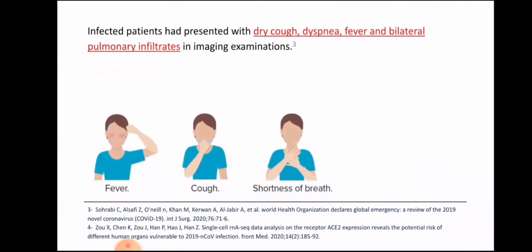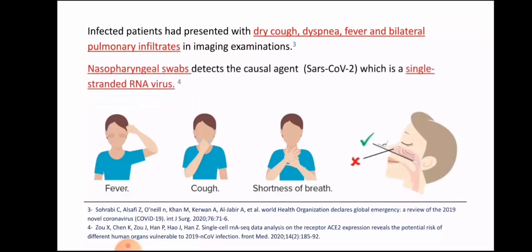The disease presents mainly with fever, dry cough, dyspnea, and pulmonary infiltration in chest imaging. The main diagnosis is done by nasopharyngeal swab by PCR to detect the single-strand RNA virus.